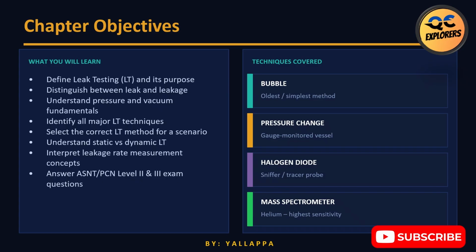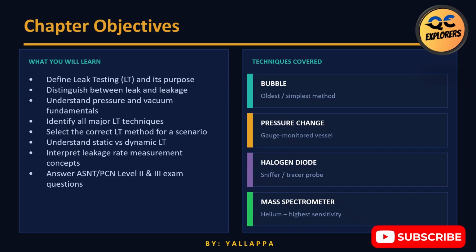Now here's a practical question. Imagine you are working as a QC inspector on a newly fabricated pressure vessel. The client asks, which leak testing technique should be used? Can you answer immediately? Probably not, because the answer depends on required sensitivity, accessibility, cost, safety requirements, equipment availability, acceptance criteria, and operating conditions.